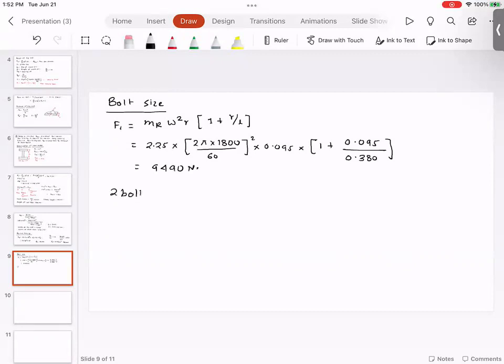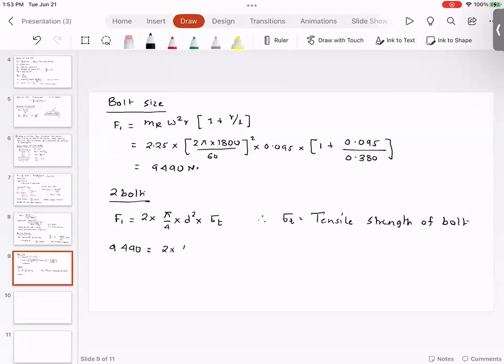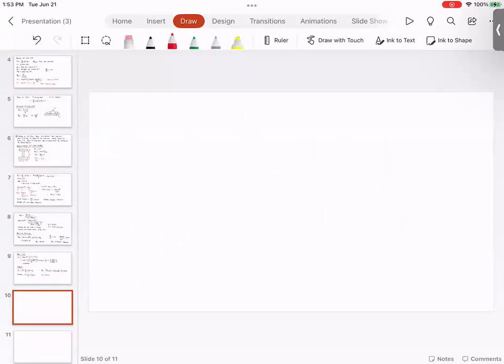Two bolts. So thickness of the big end cap.